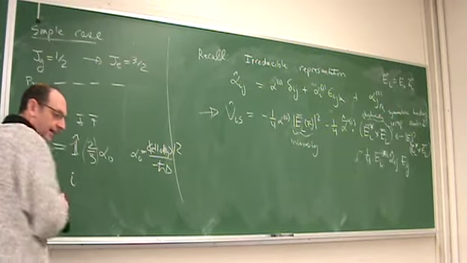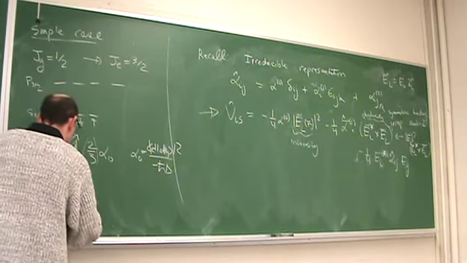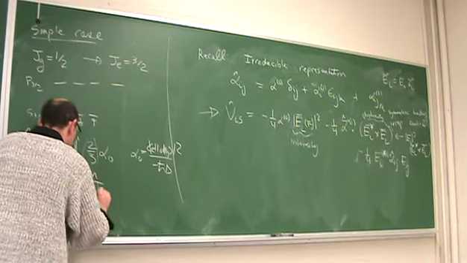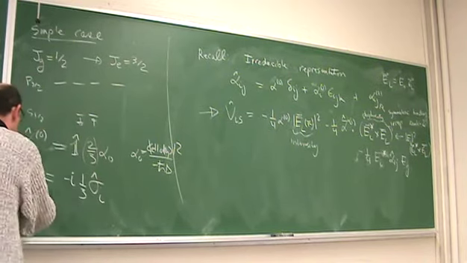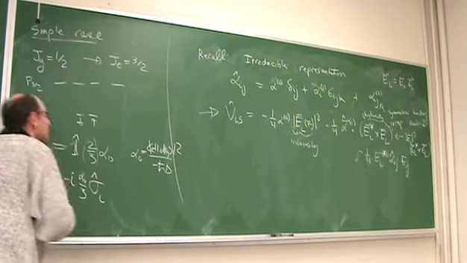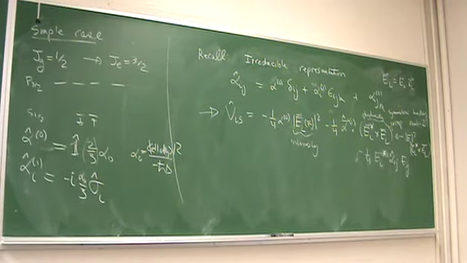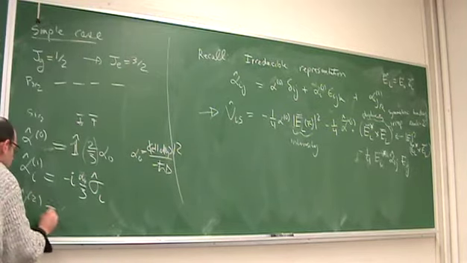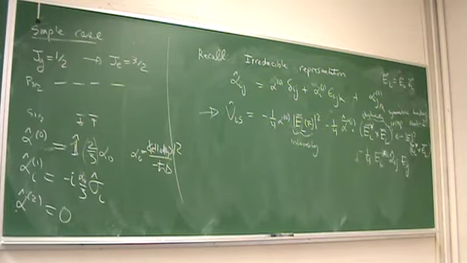So it comes out to be minus i 1/3 times the sigma matrices, with an alpha naught on top. And alpha 2 is 0, because this is spin 1/2, it can only have a scalar and a vector. It can't support anything more.